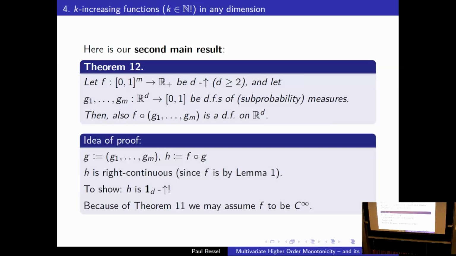The right continuity, of course, is given, and the crucial point is to show that the composition H, here not a positive vector, the composition of F and G, is d-increasing. And because of theorem 11 just before, we may assume that F is from the outset a C infinity function.